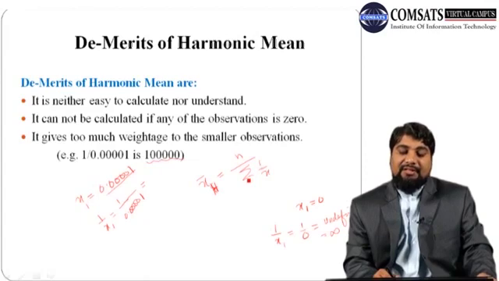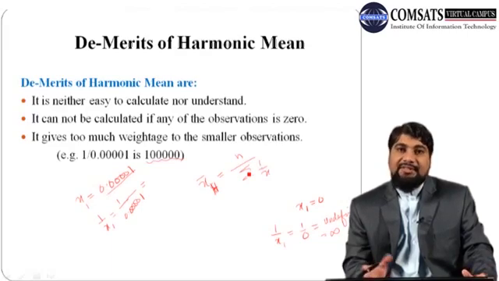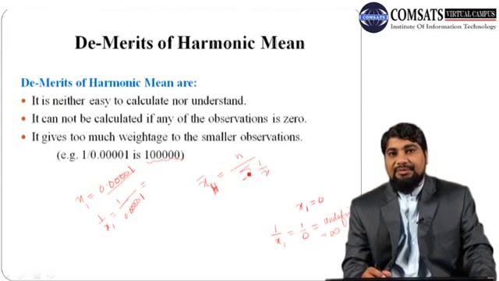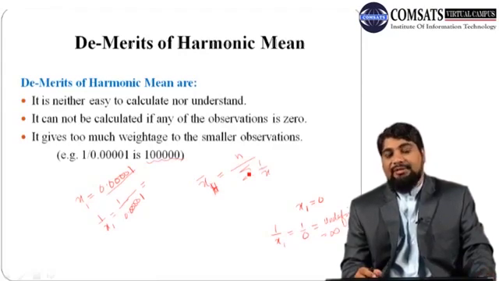But if all the observations are of the same size, or the gap between observations is not very big, just like we have observations 1, 2, 3, 4, 5, we can say that overall all observations look the same. So in these types of situations we can apply harmonic mean.